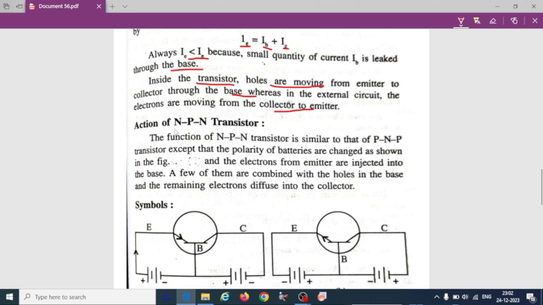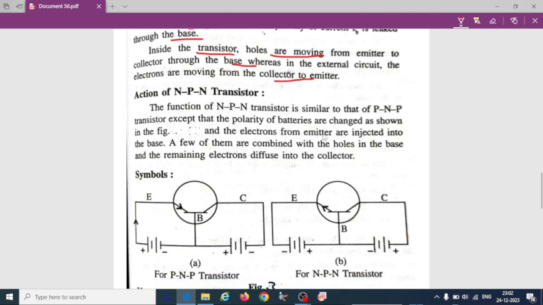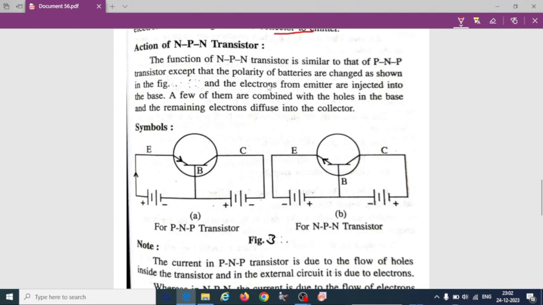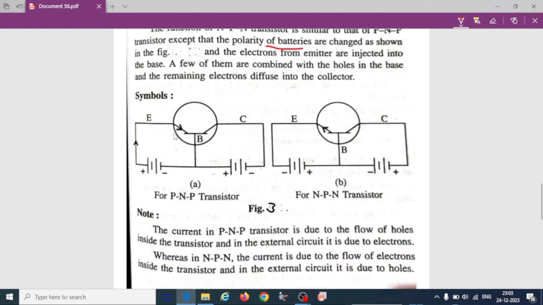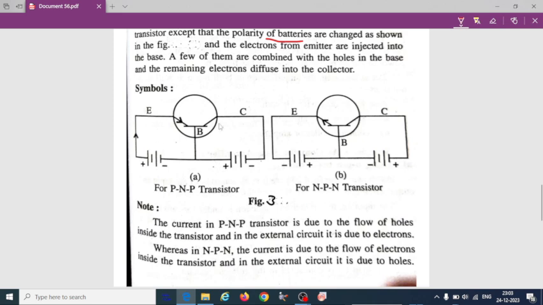So the action of the NPN transistor is the reverse of PNP. The function is quite similar, but the polarity of the batteries is changed, as we can understand with this diagram. So this is PNP, the arrow mark you can see here, and this is for NPN.